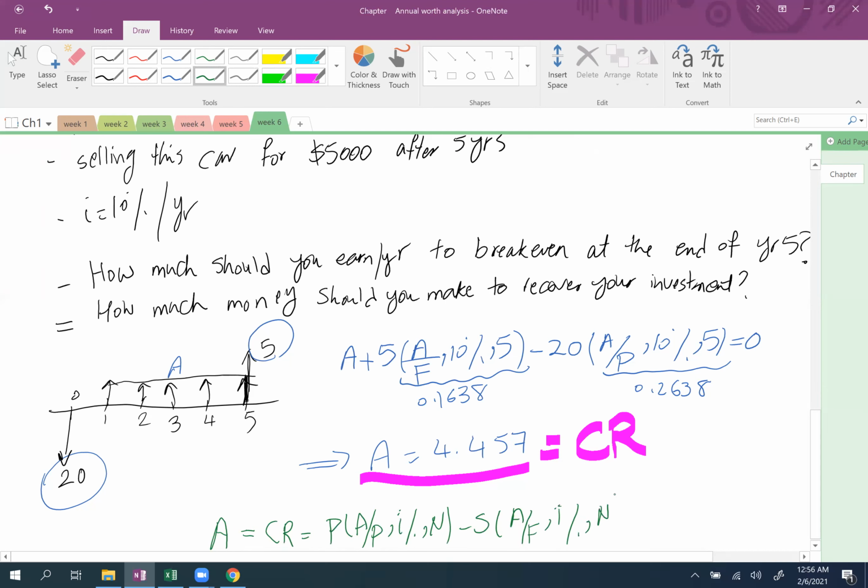That's really just a generalization of what you have over there. So as you can see, A is equal to 5 minus 20, I mean, in this case you need to find the amount that you are making to recover your initial investment.